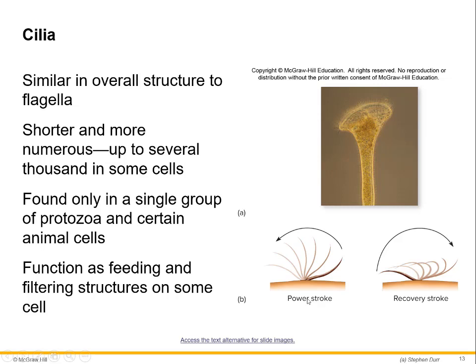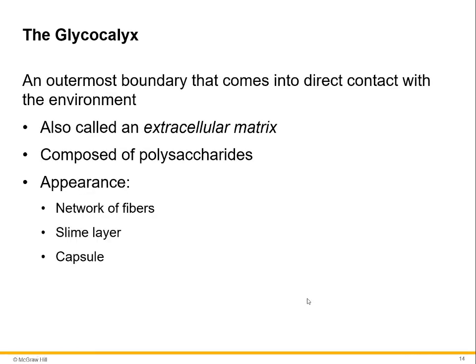So that's their purpose. The glycocalyx is the outermost boundary that comes into direct contact with the environment. The appendages we just talked about extend from the boundary, but this is the outermost boundary. It is called the extracellular matrix, which is probably the term you used in anatomy and physiology.